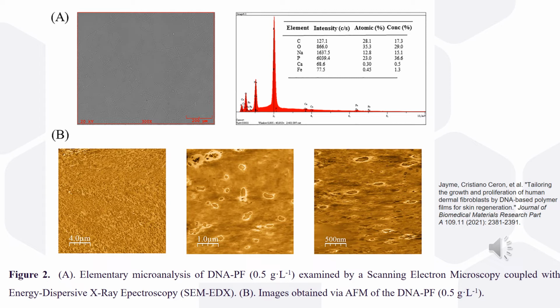It is also possible to observe the presence of elements like carbon, oxygen, sodium, and phosphate through the elementary composition analysis obtained by elementary microanalysis, which are chemical elements of the basic composition of DNA molecules. And the AFM results are consistent with the same analysis in a different approach, since a highly flat surface can also be observed.